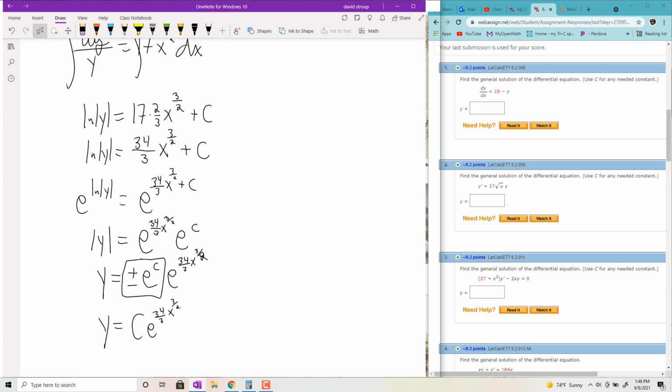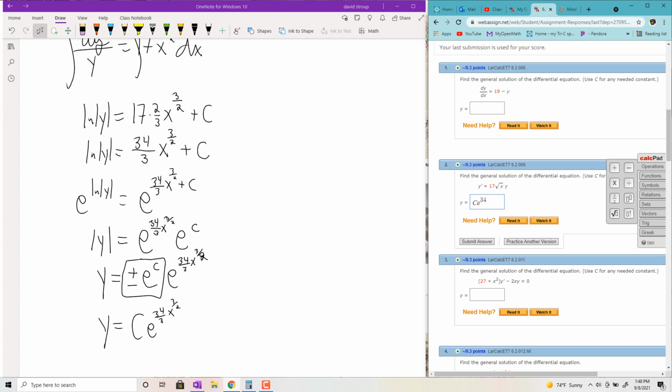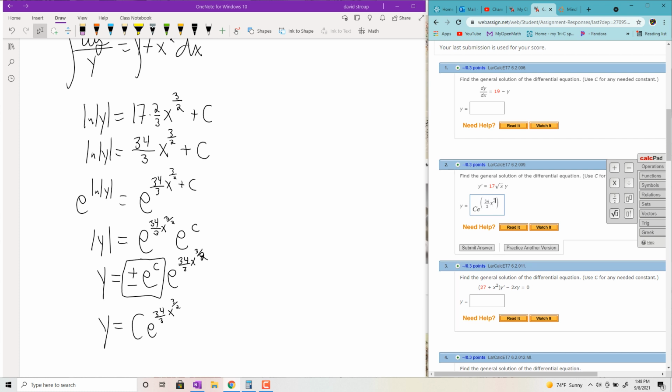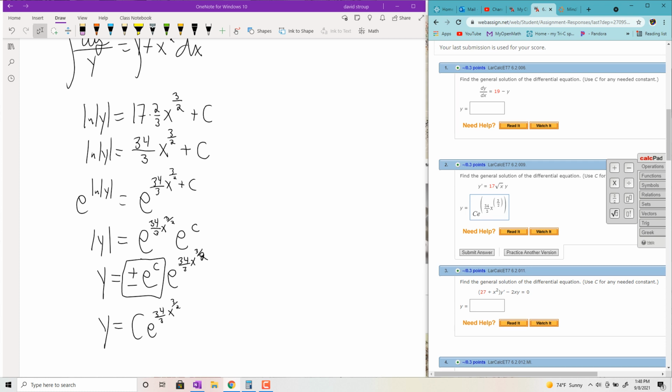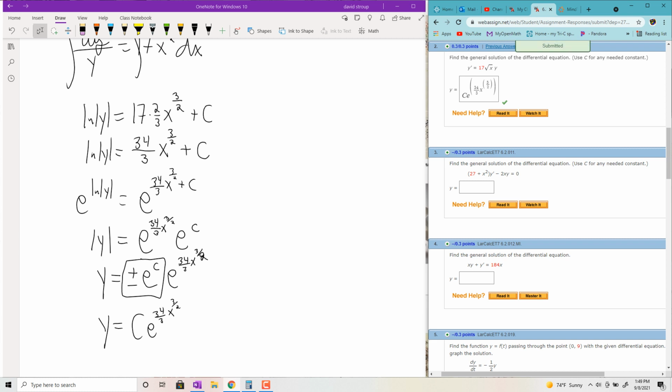I know I wrote a 4 there, but it should be 3/2. Okay, so let's zip over here and put it in and see if it's right. And hopefully that's a 3. I hope that's a 3. And it looks like it's right.